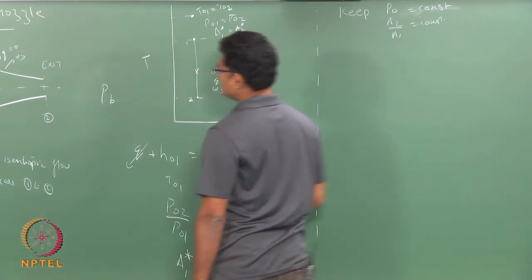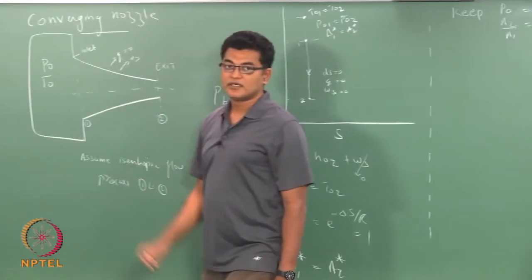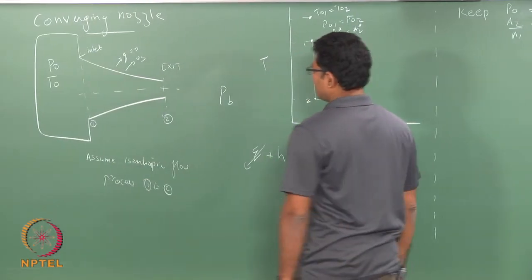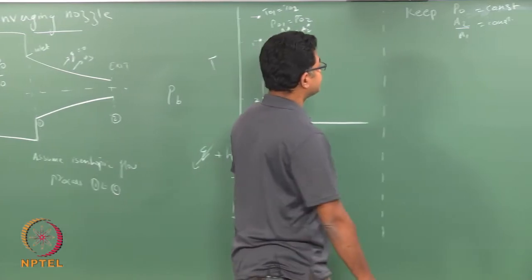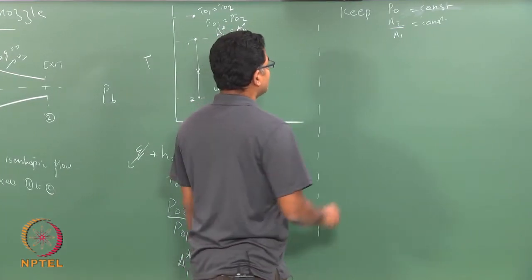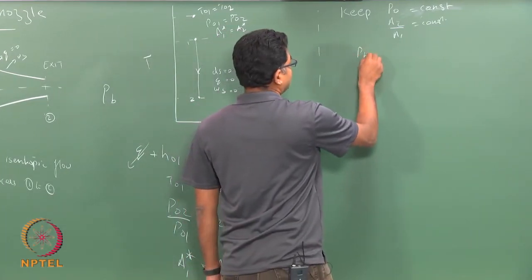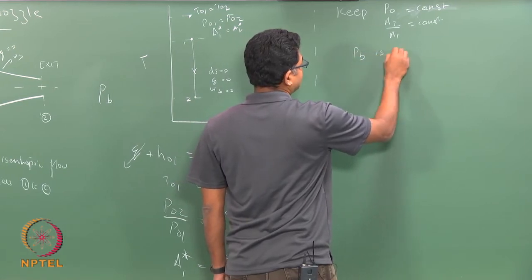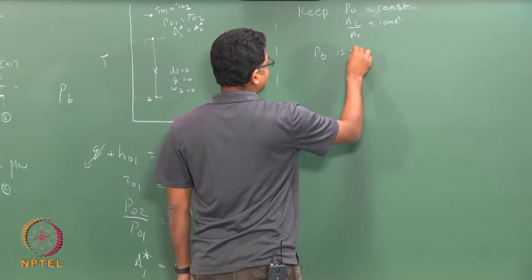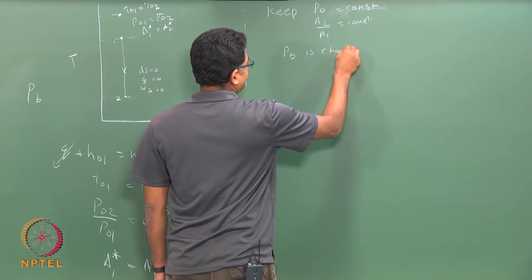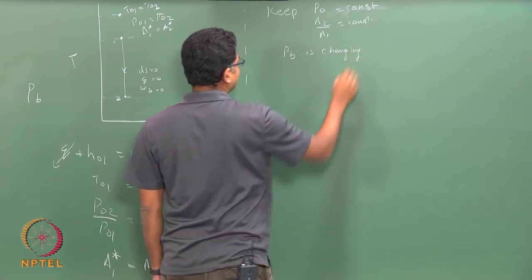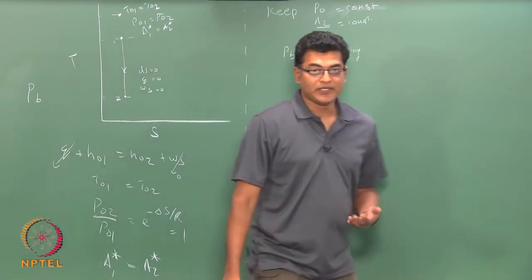I am not changing the area at the inlet or area at the exit. Now, Pb is continuously changed, Pb is changing. Okay. So, I do an experiment with different Pb.